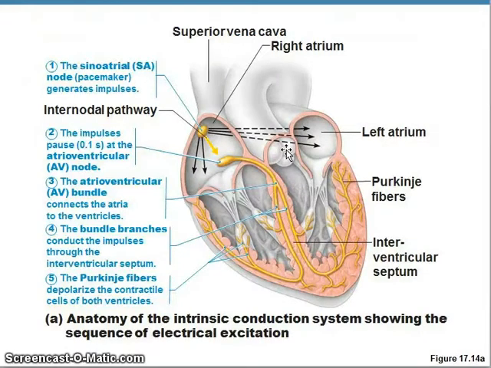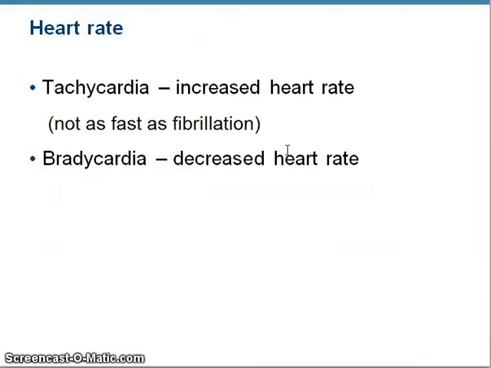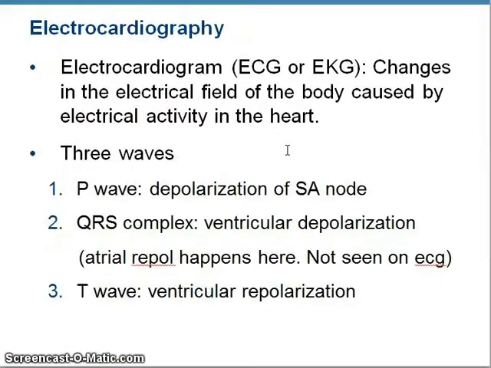I'm just going to skip through a couple slides here and move on to how these electrical events are displayed graphically when you hook up electrodes to somebody's body and perform an electrocardiogram or an ECG. You should remember that the ECG reflects changes in the electrical field of the body as measured by electrodes and not necessarily membrane potential.